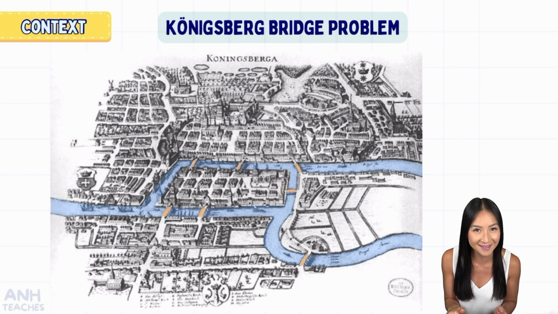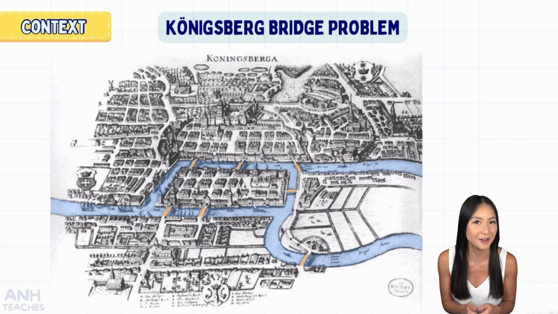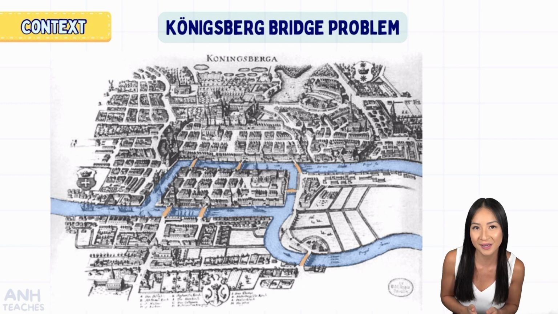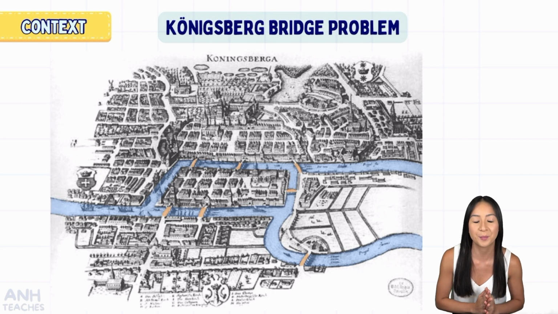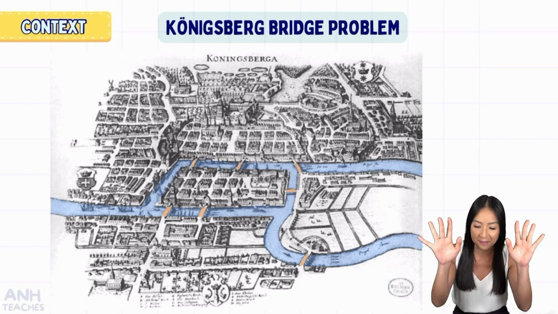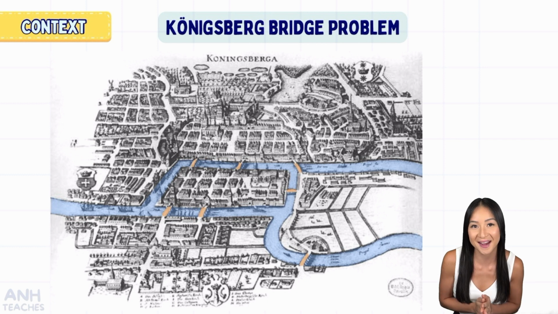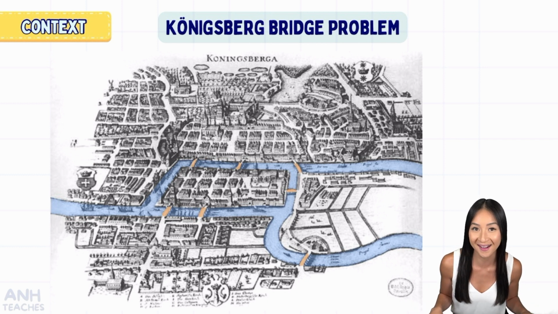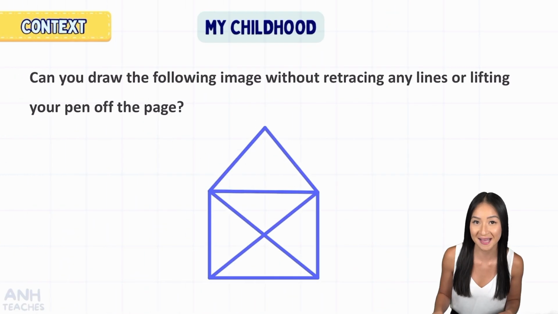Do you see where I'm going here? He displayed this information using vertices and edges. And it was at this point in time that he became the father of the branch of graph theory in mathematics.